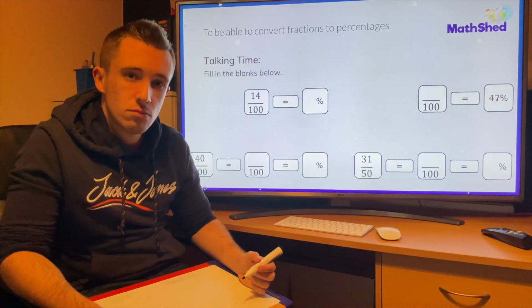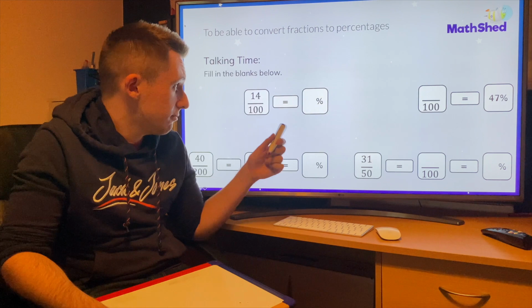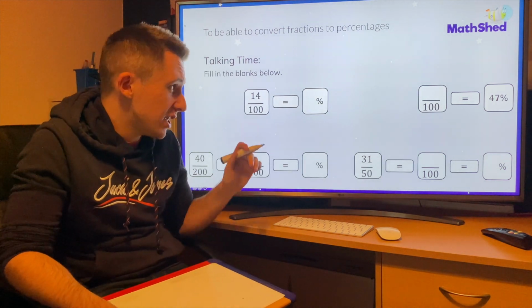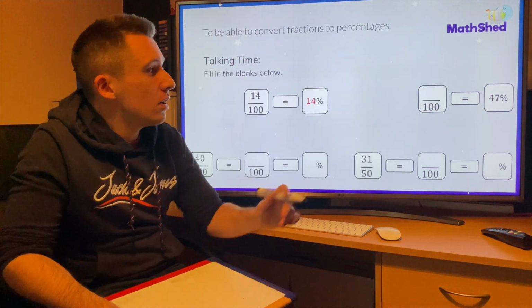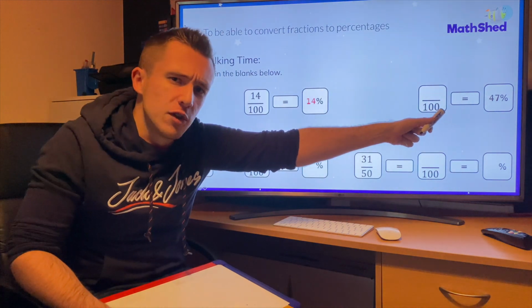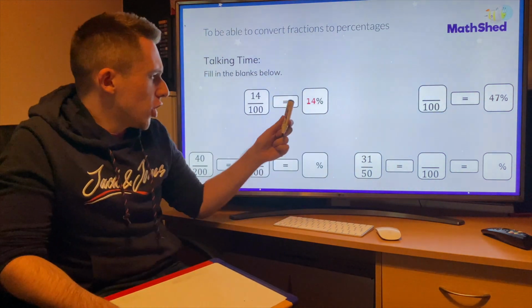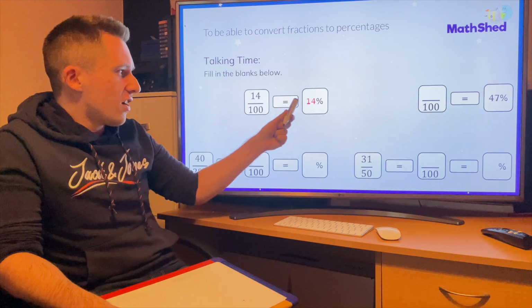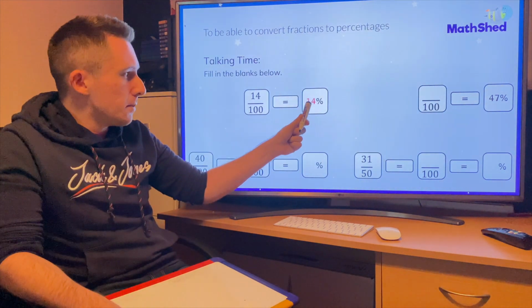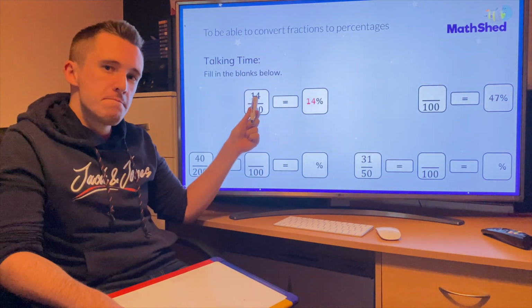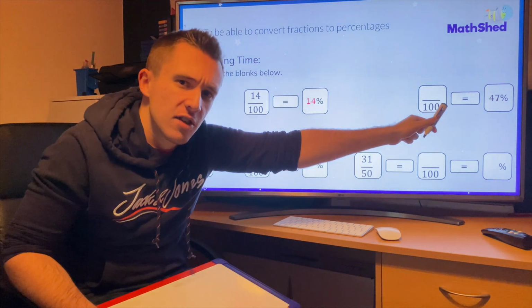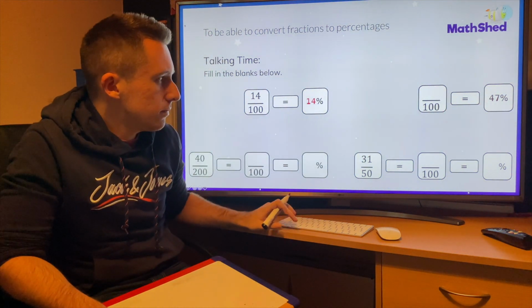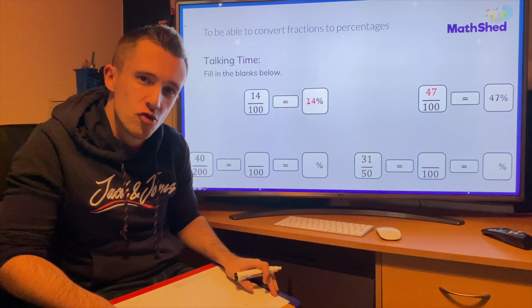As a percentage, we know that's going to be 14% because it's already over 100. 47%, look at the relationship here. Numerator became the percentage. Percentage, same as numerator. So 47% is going to be 47 over 100.